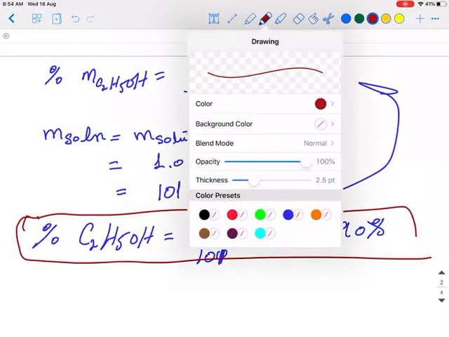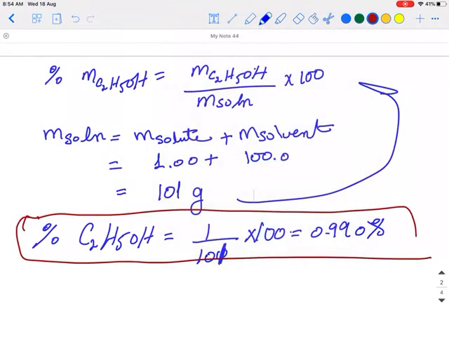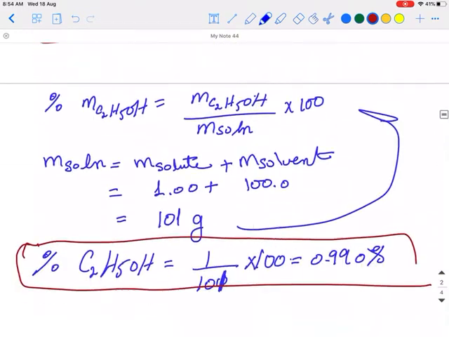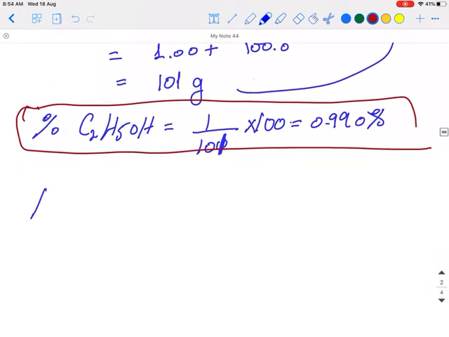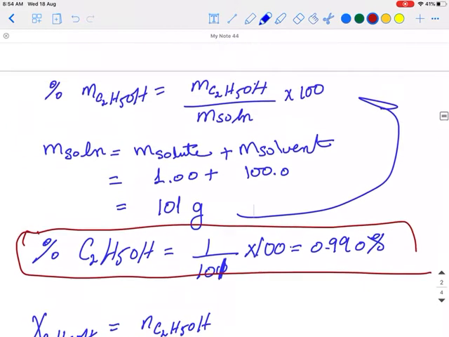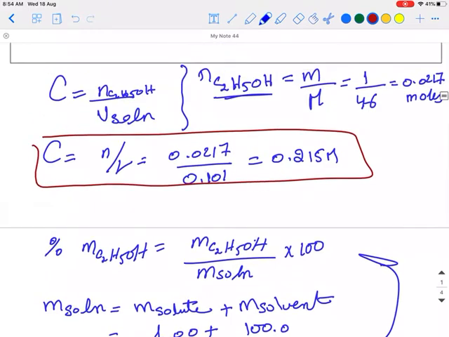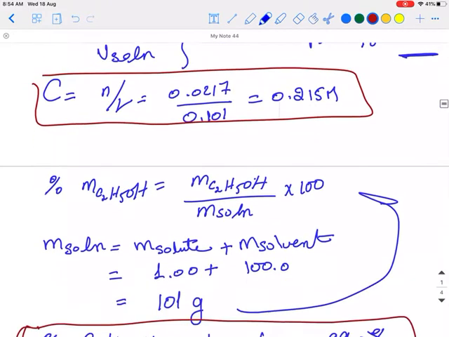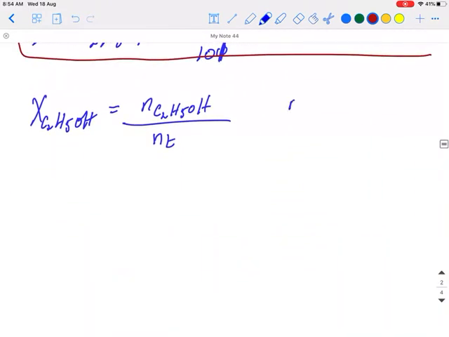Now the third requirement, we want to calculate the mole fraction of ethanol. The mole fraction of ethanol is equal to the number of mole of ethanol all divided by n total. Okay, number of mole of ethanol we already found here, which is 0.0217 mole.